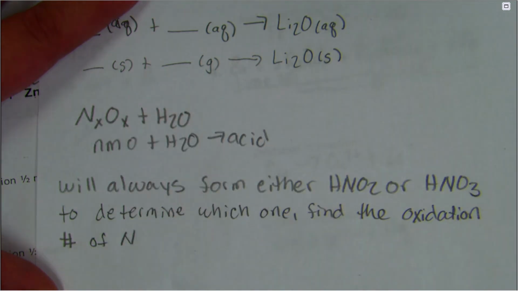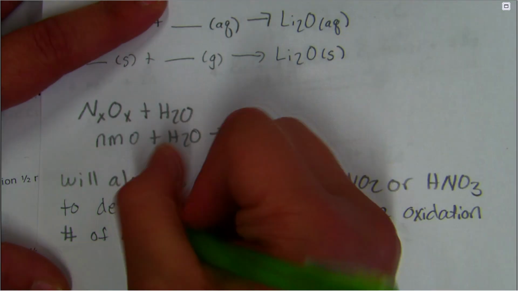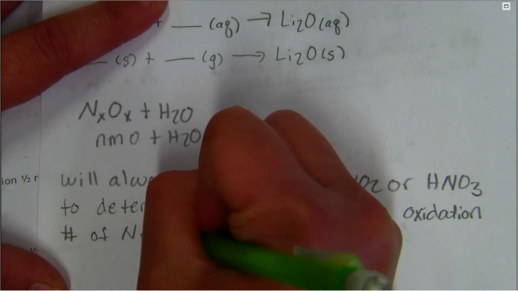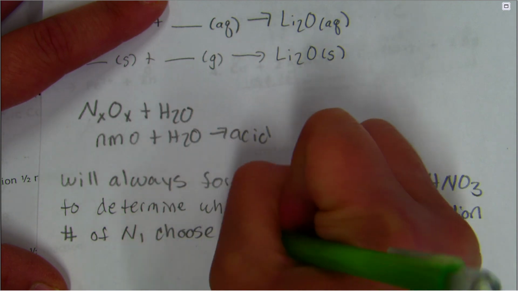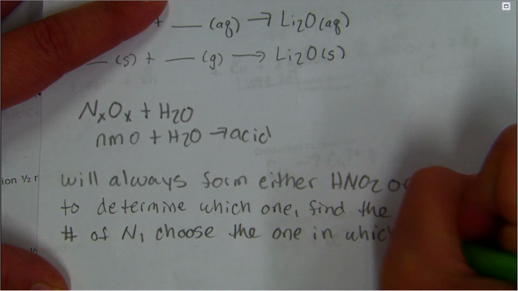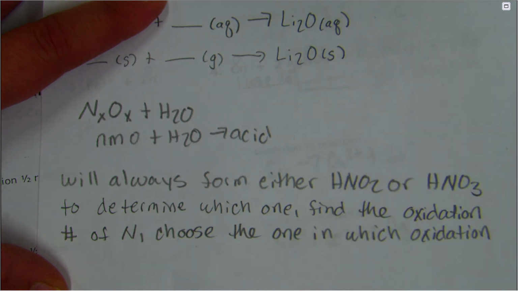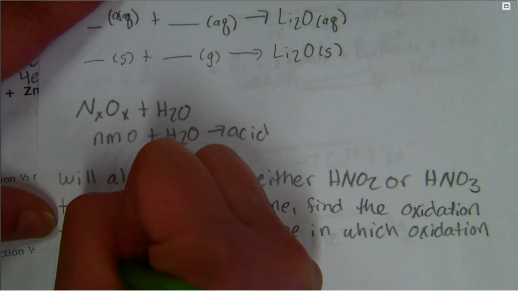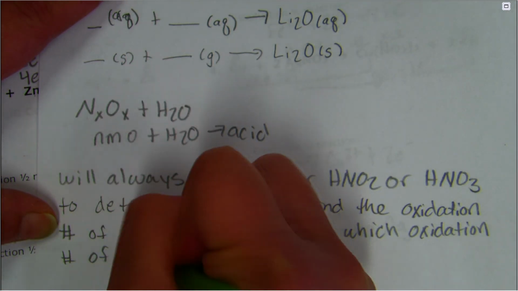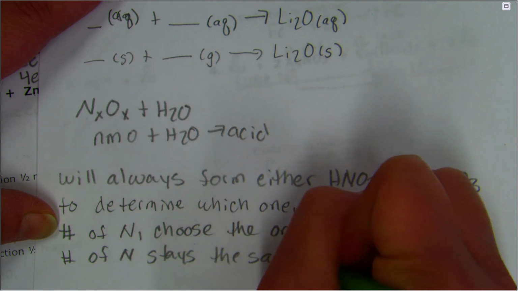The nitrogen is what's important here. And you're going to choose the one in which the oxidation number stays the same. Okay?